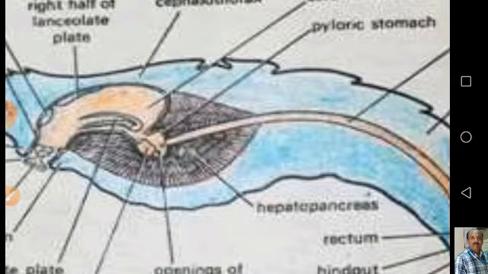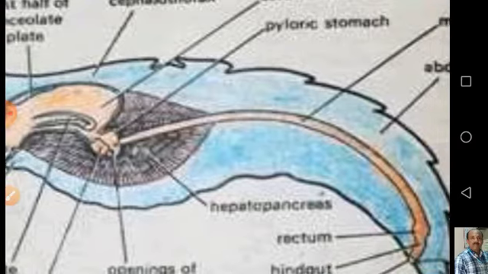The midgut, also called mesenteron, is a very slender tube which follows the stomach and is without any chitinous lining. The chitinous lining is present only in the stomodeum and proctodeum, but not in the mesenteron.